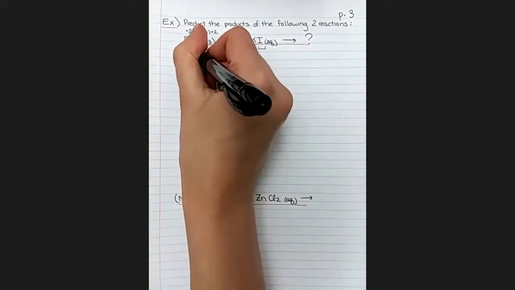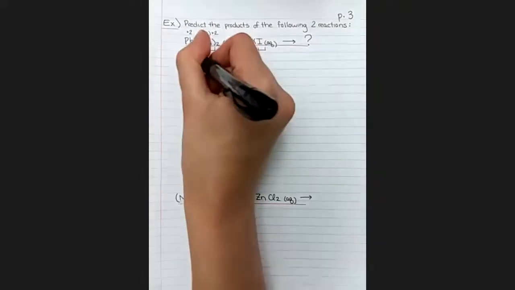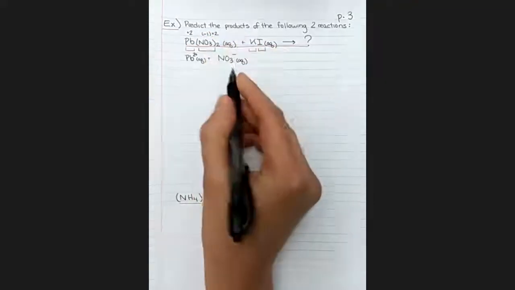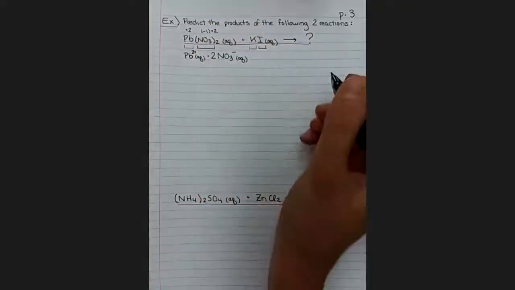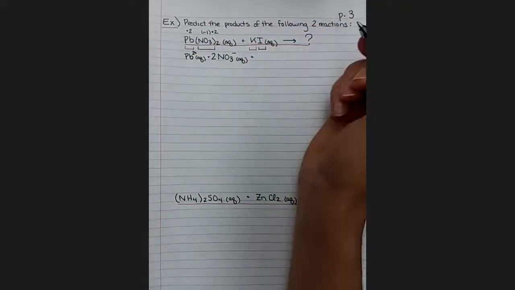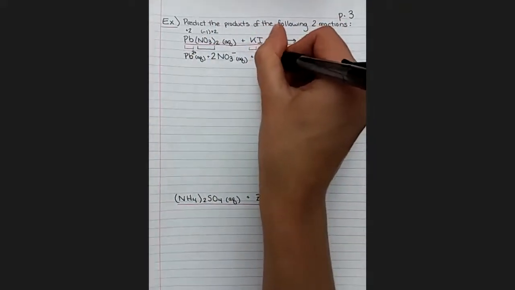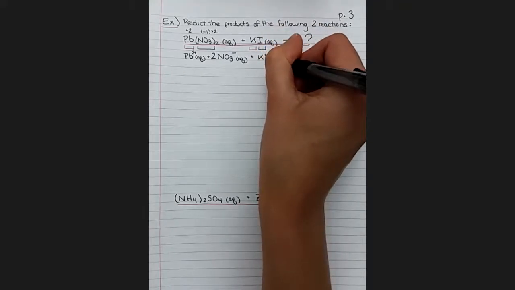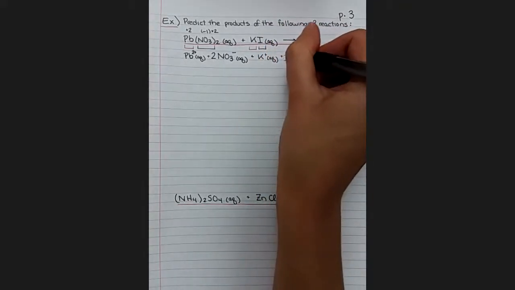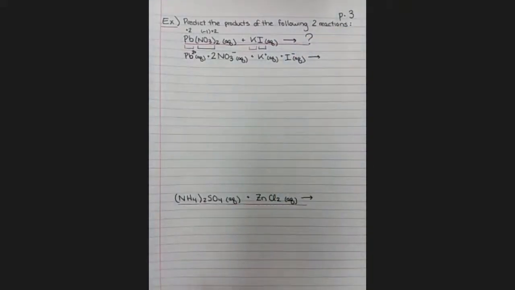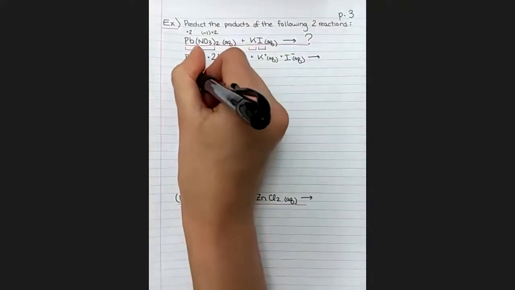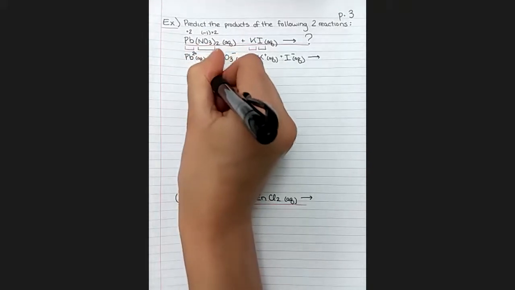So lead 2+, aqueous, and nitrate, and there are 2 nitrates, and there's going to be a potassium plus, and there's going to be an iodide minus. So that's where we're starting. So now we need to predict what our possible products will be that can be formed.